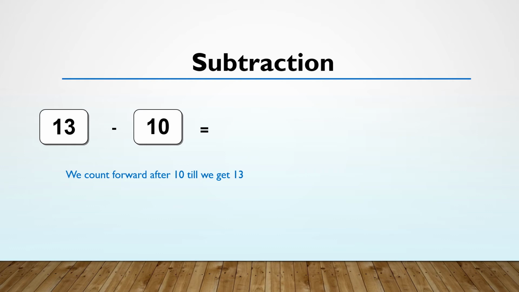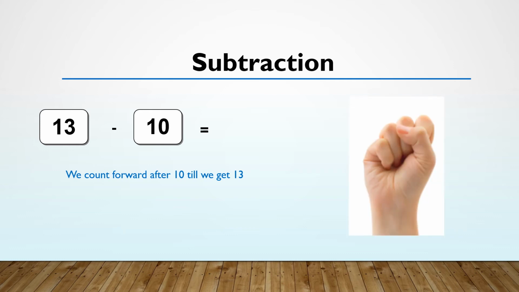Let's look at another example. Here, the question says 13 minus 10, which means we have to take away 10 from 13. To find the answer, we have to count forward after 10 till we get 13. For that, we have to first make a fist.